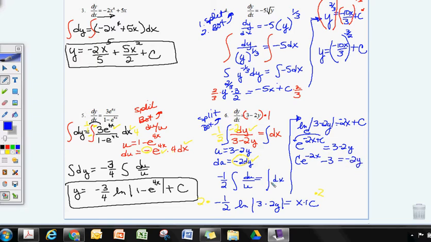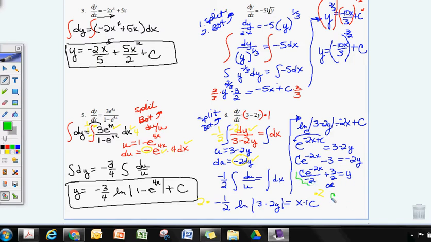So finally, my answer is ce to the negative 2x divided by negative 2 plus 3 over 2 equals y, or I'm going to switch colors just so you can see it here. The 2 and the c could absorb each other.